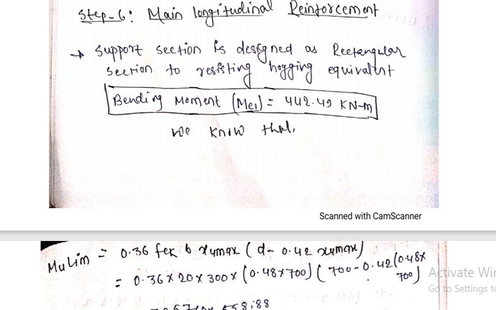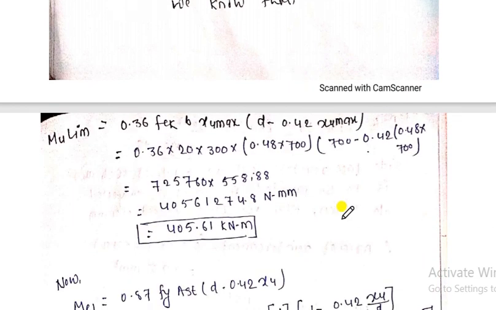Now we will calculate the main longitudinal reinforcement, similar to that of the T sections. At the support, it is designed as a rectangular section to resist the hogging moment, or the hogging equivalent bending moment we have calculated, 442.49 kilonewton meters. So we know, my dear friends, the MU limit formula: 0.36 fck B XU max into D minus 0.42 XU max.